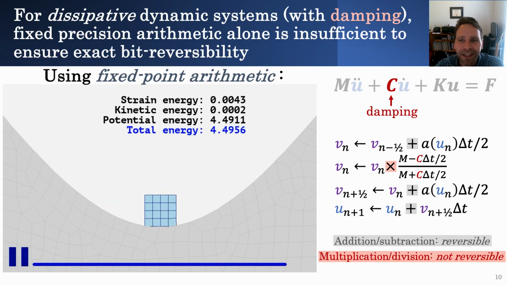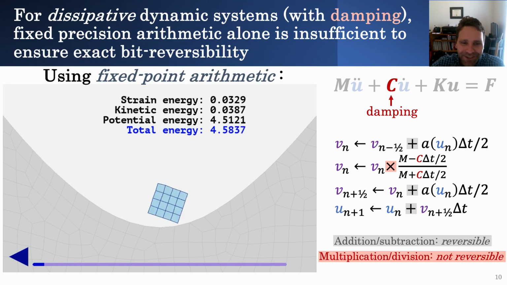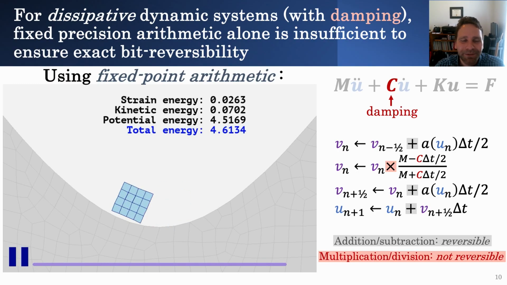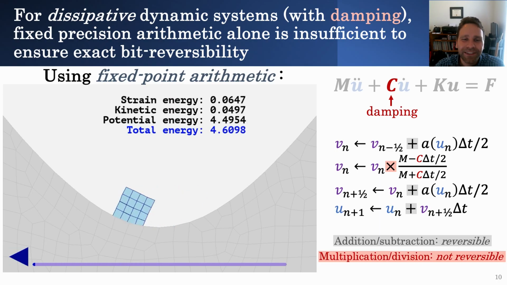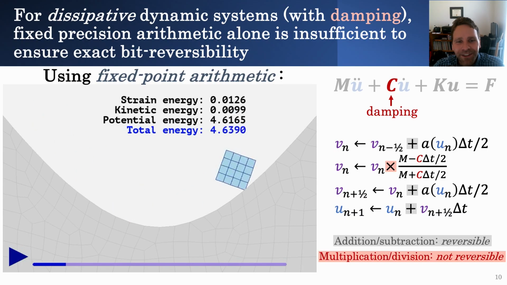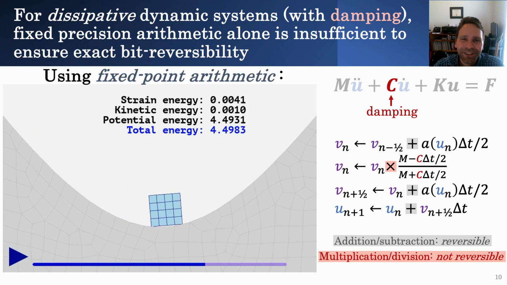Mass proportional damping in particular in this example. And that damping slows down the kinetic energy of my problem and causes the block to eventually settle at the bottom of this well. Now, you'll notice the total energy of the problem as you run it forwards in time diminishes as the block starts to settle down. However, when I reverse the flow of time, I don't get back to the original total energy of my system. And moreover, the block doesn't go back to its original position.